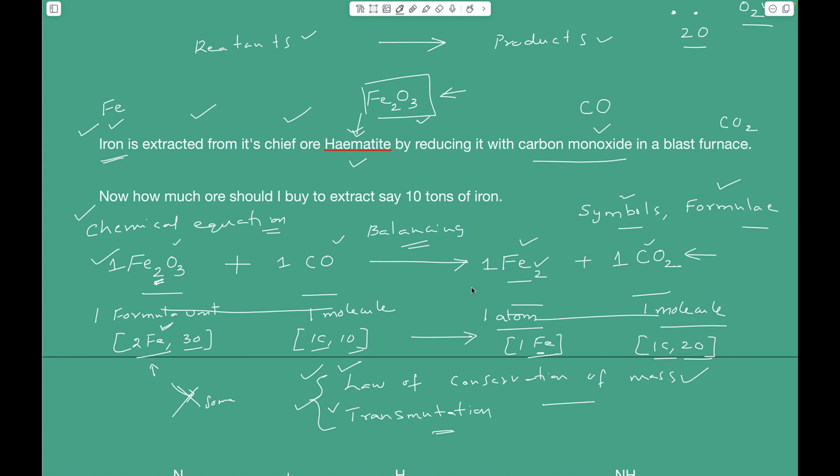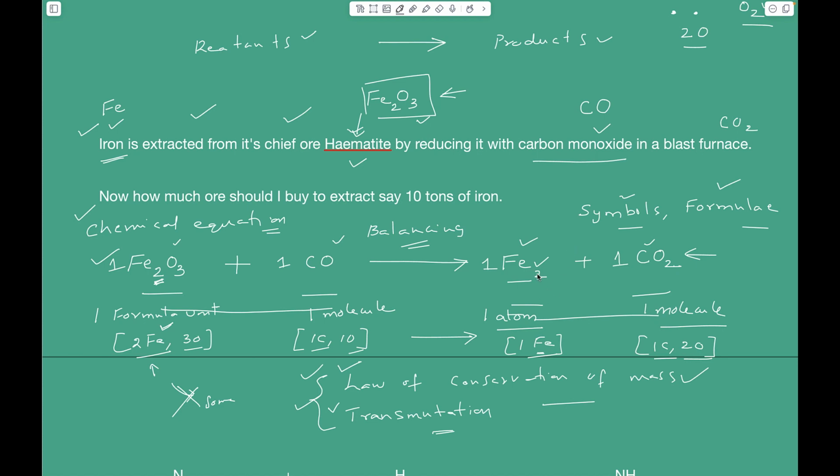No, you cannot do that. Fe2 means a molecule of iron in which two iron atoms are bonded to one another. But iron does not contain any molecules. It contains only independent iron atoms.